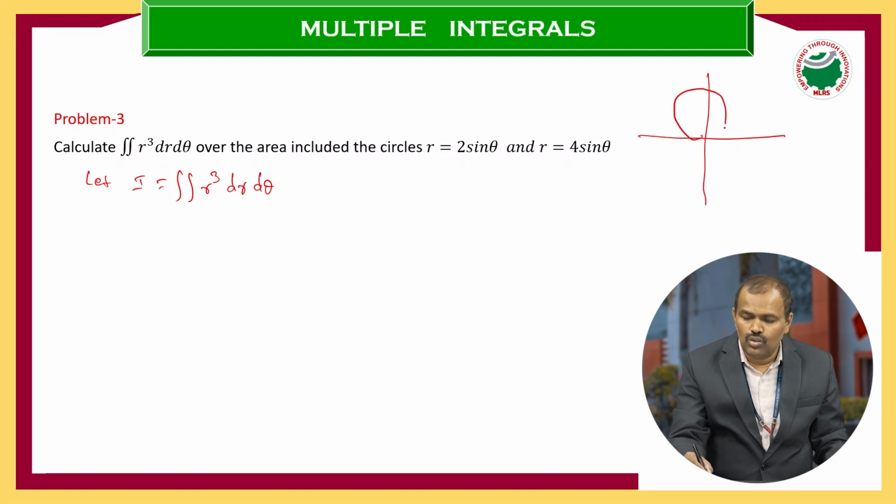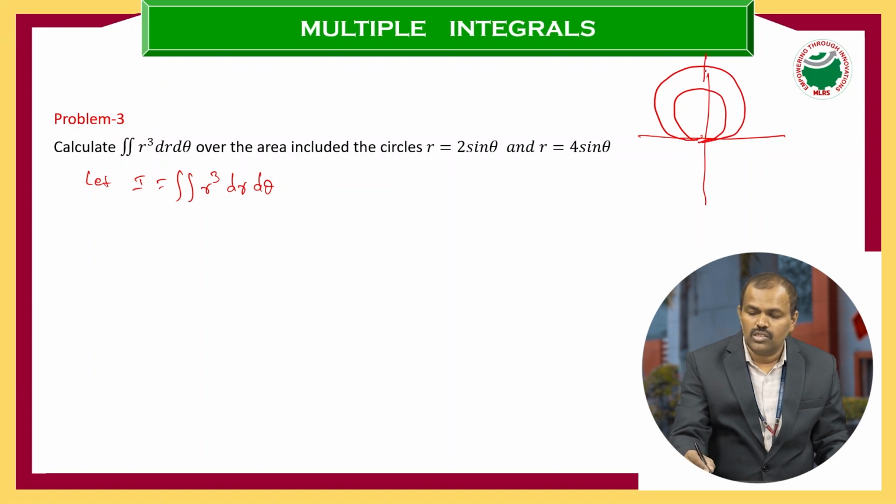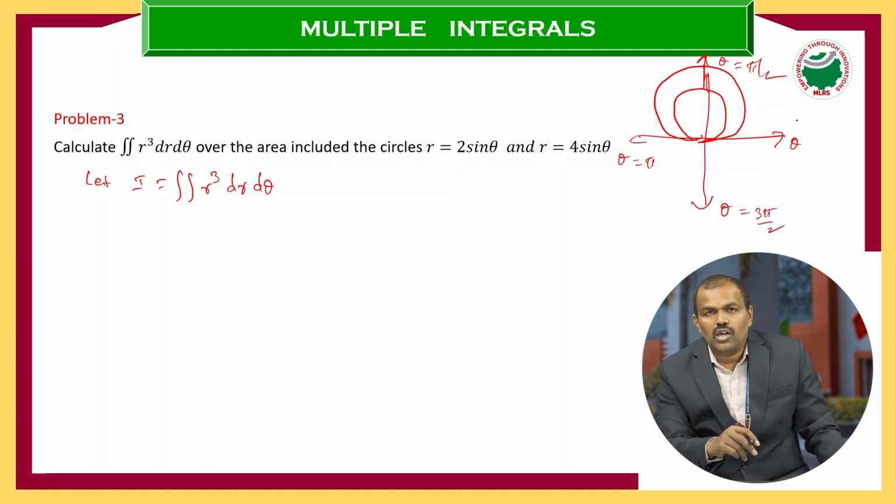This is r is equal to 2 sin theta. r is equal to 4 sin theta also represents a circle. That is r is equal to 4 sin theta. So this is theta 0, theta 180, theta 90 and theta is equal to 3 pi by 2. So this is the figure.